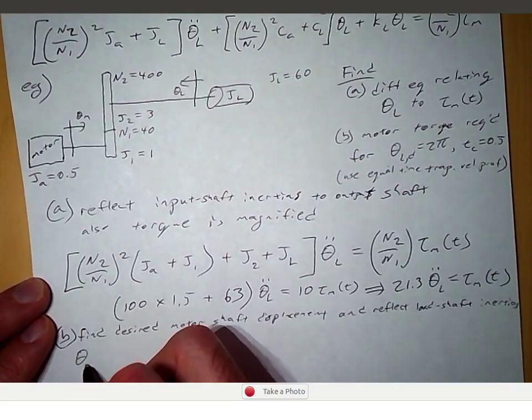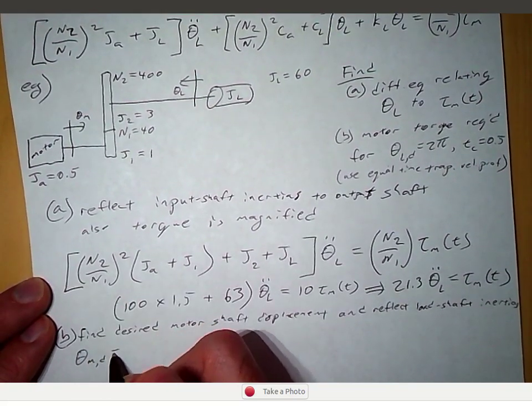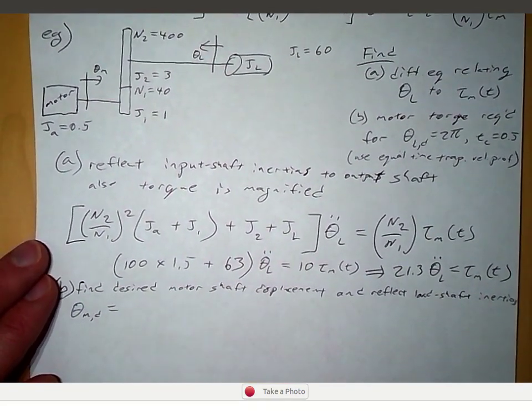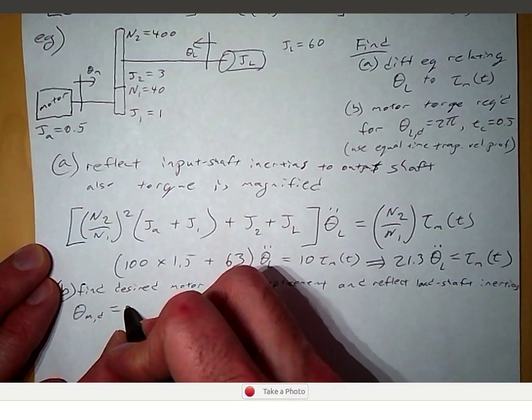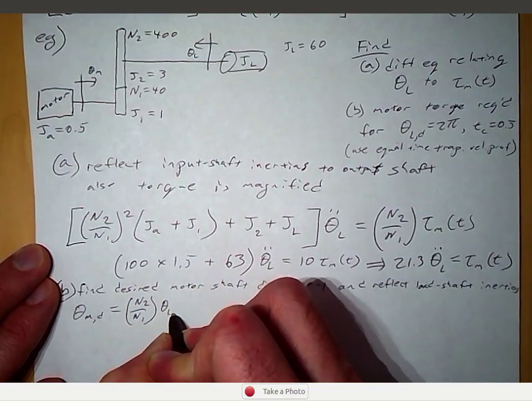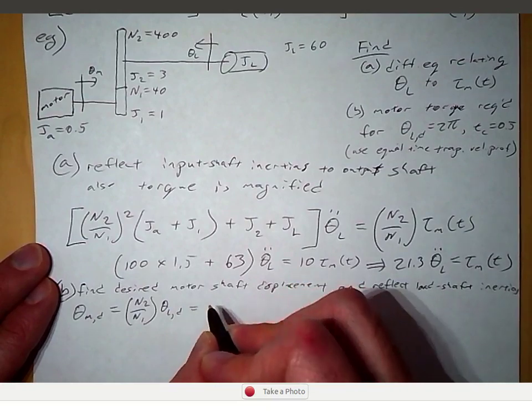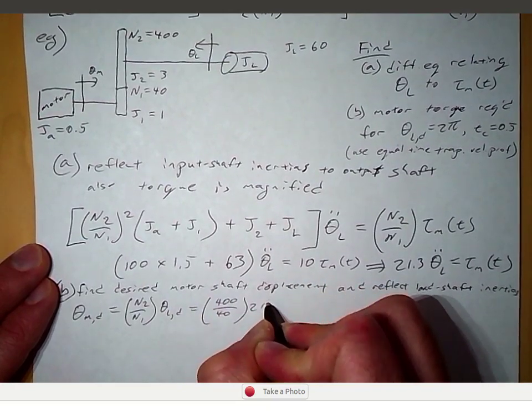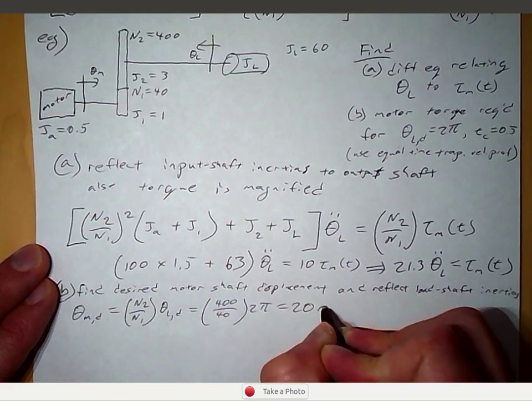We have that the desired motor shaft displacement, theta MD, is equal to the gear ratio N2 over N1 times theta L desired. So we have 400 over 40 times 2 pi, which is going to give us 20 pi radians.